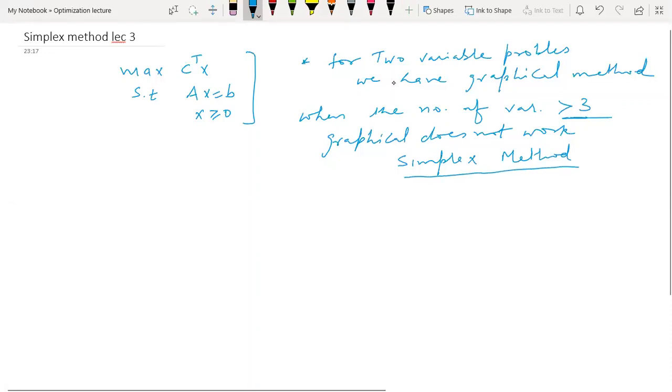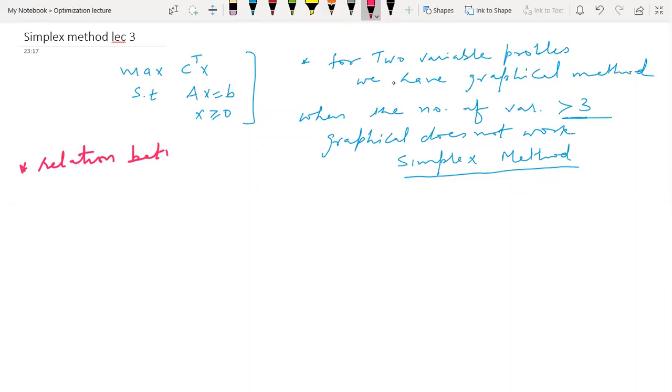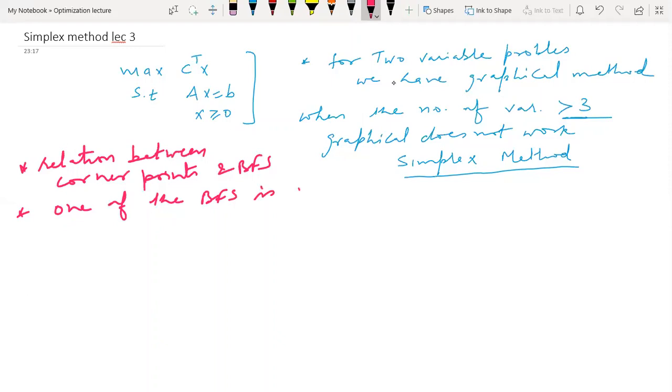So what we are doing in the simplex method is, we initially understood the relation between corner points and BFS, and we also analyzed that one of the BFS is giving us the optimal solution of the given LPP.